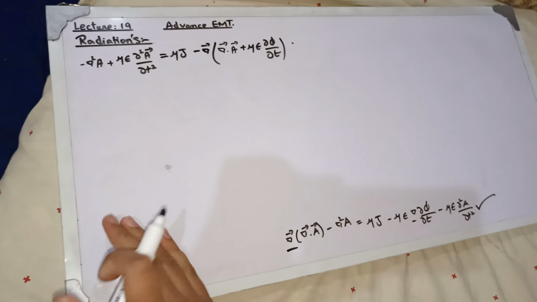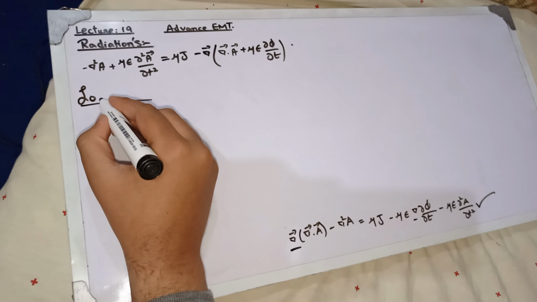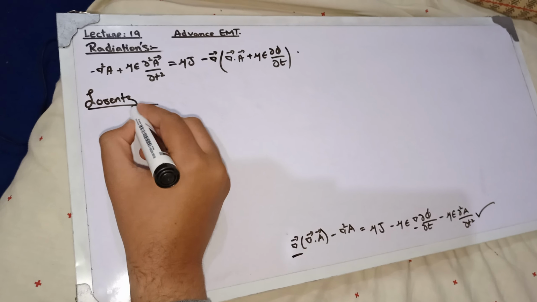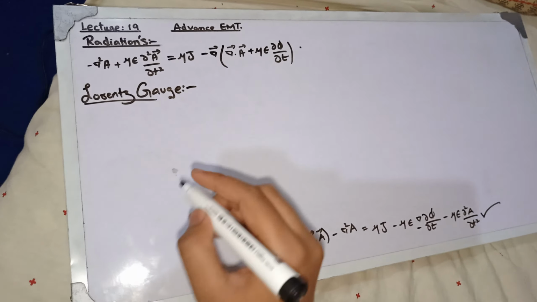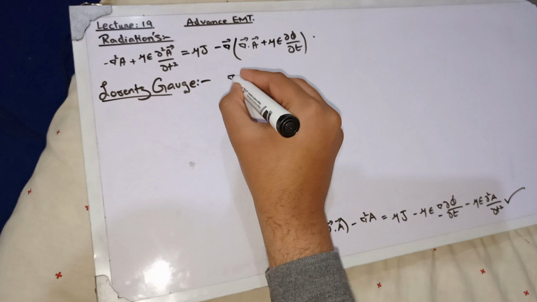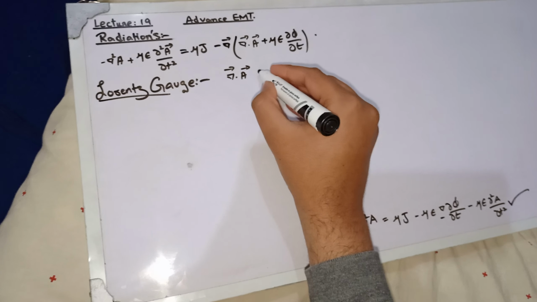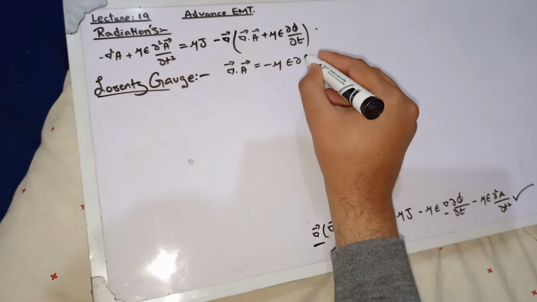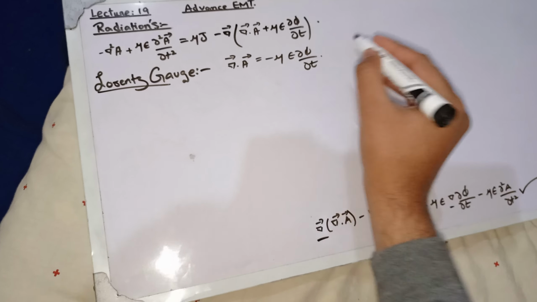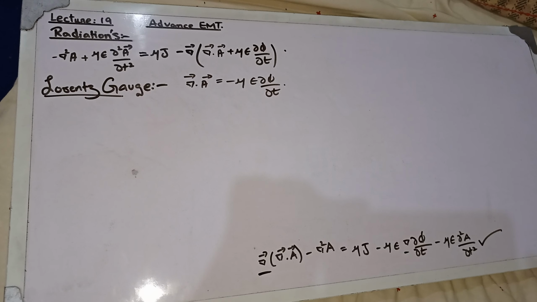And there is a property, you know, the Lorentz gauge, which basically tells us that del dot A equals minus mu epsilon partial phi by partial t. So this is basically the expression for the Lorentz gauge.